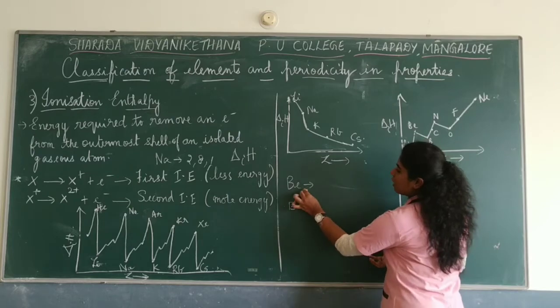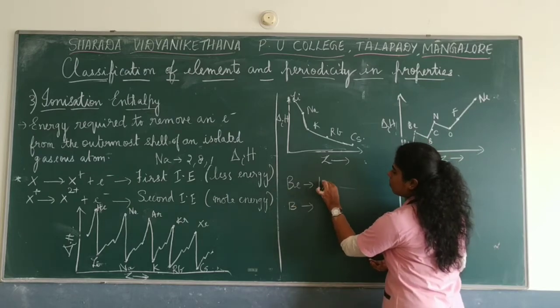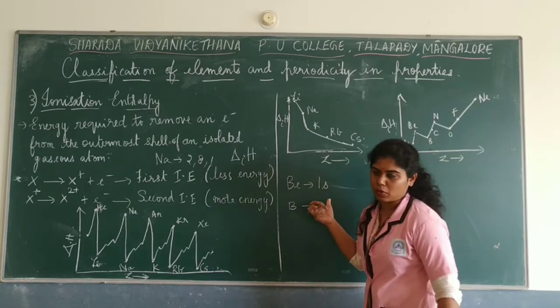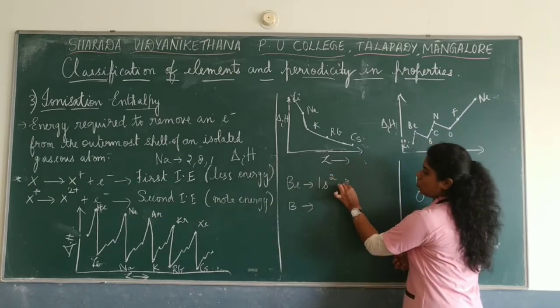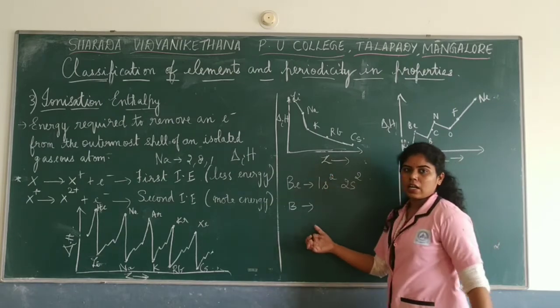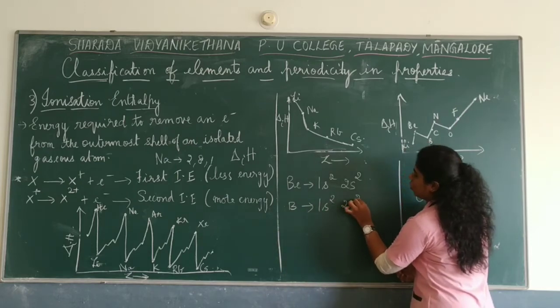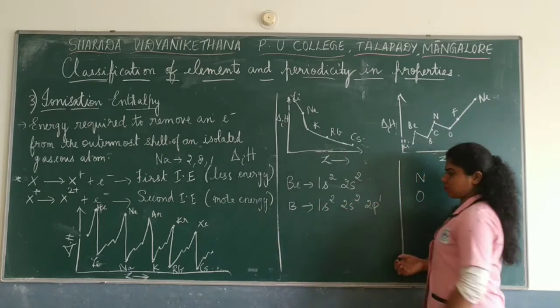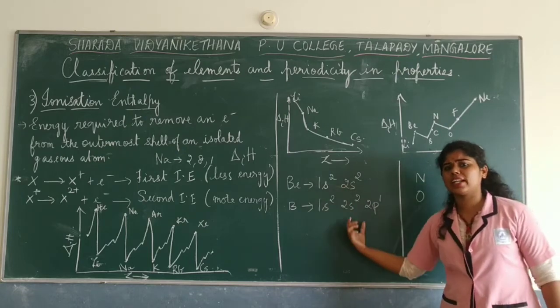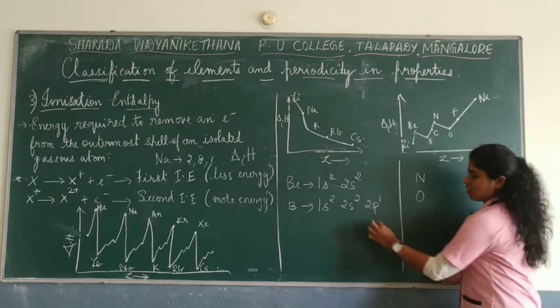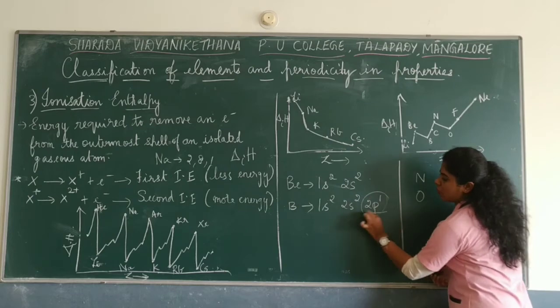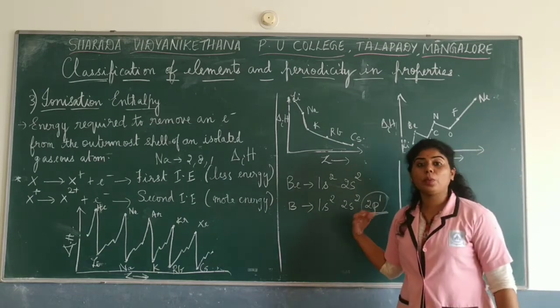If you try writing the configuration of beryllium, the atomic number is 4. So you write it as 1s2, 2s2. Correct? Boron is 1s2, 2s2, 2p1. What is the difference you find here? You see that the next electron is being added to the 2p orbital.